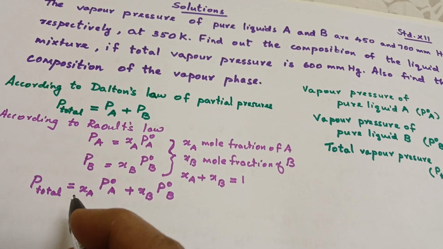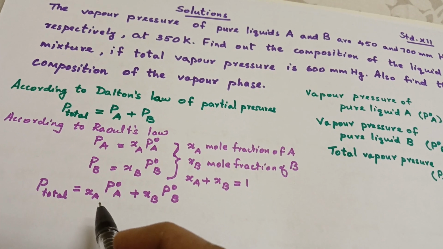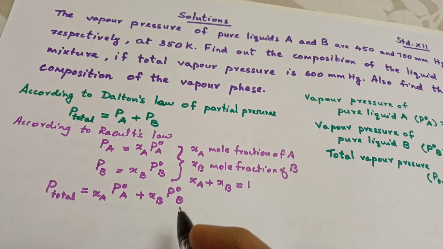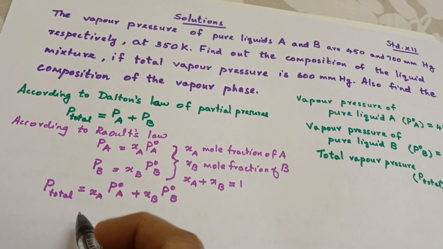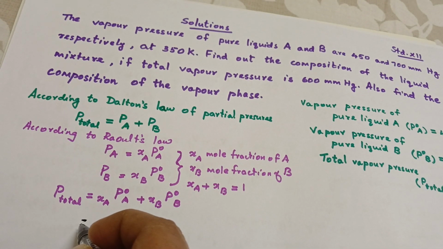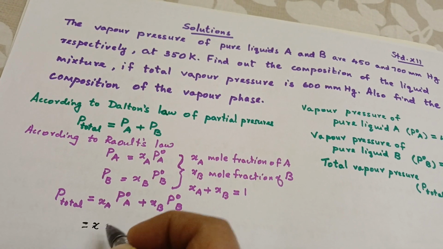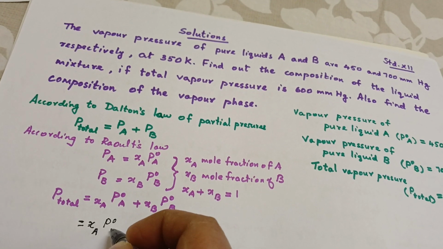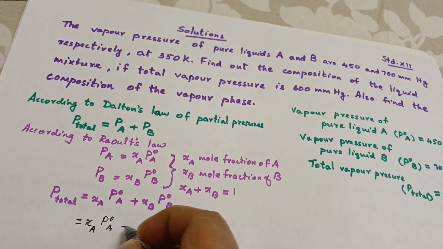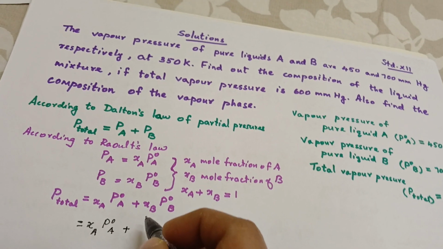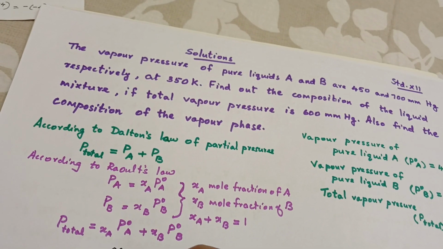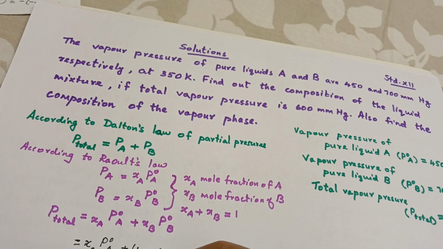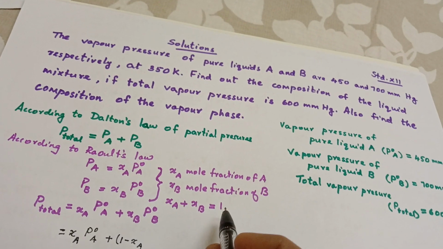So P total is equal to XA into P0A plus XB into P0B. So we can write it like this: XA into P0A plus, instead of XB we can write 1 minus XA, because XA plus XB is equal to 1.